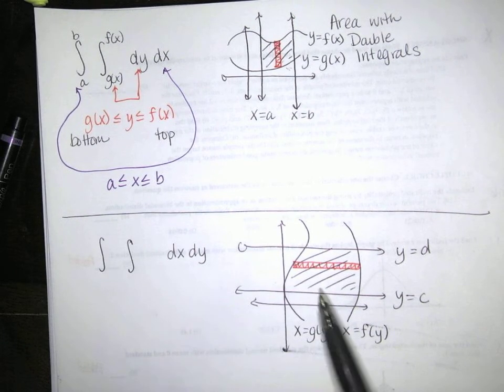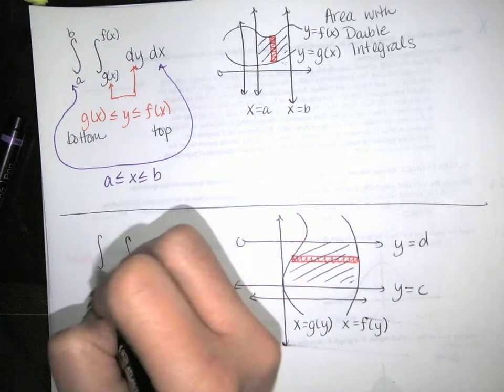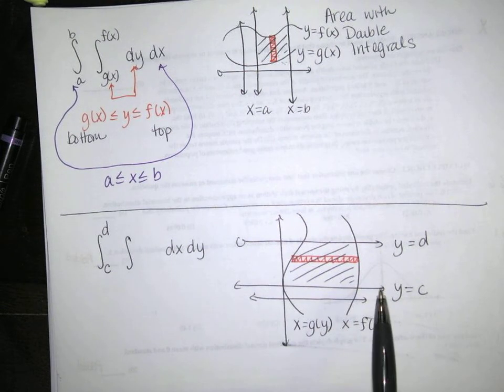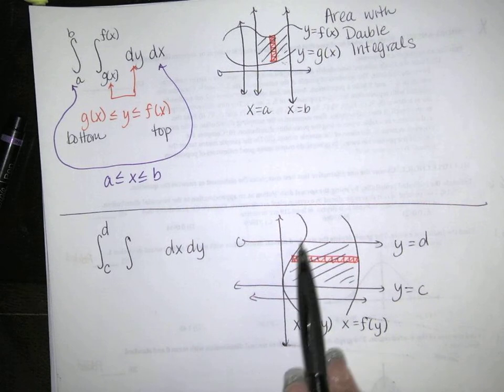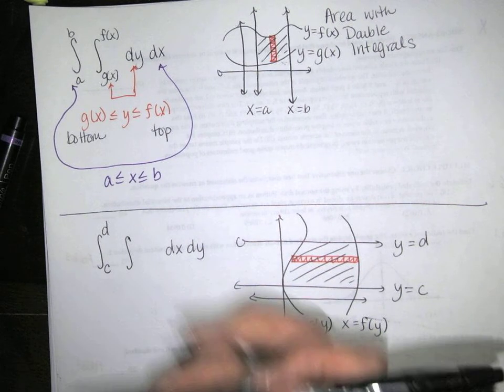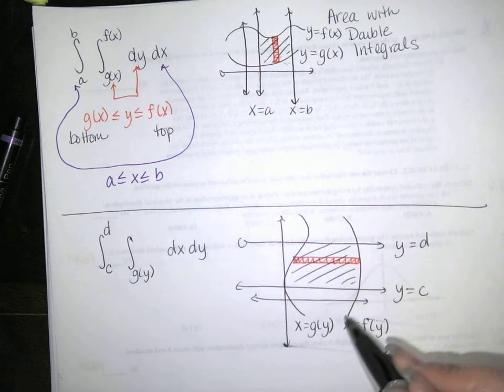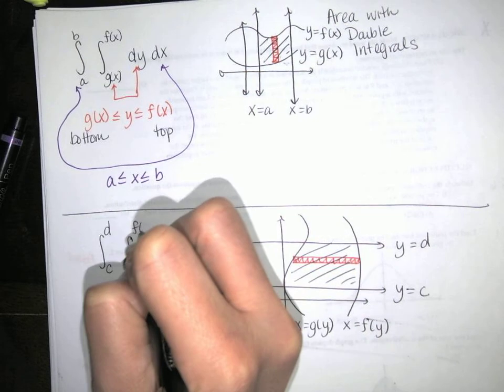Let's do the easy part first. Y goes from a constant to a constant, so it goes from c to d. X goes from the smaller x values to the larger x values. In this case, the smaller x values are given by g of y, and the larger x values are given by f of y.